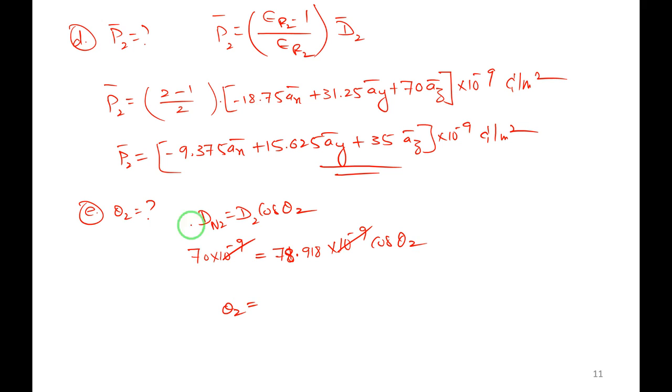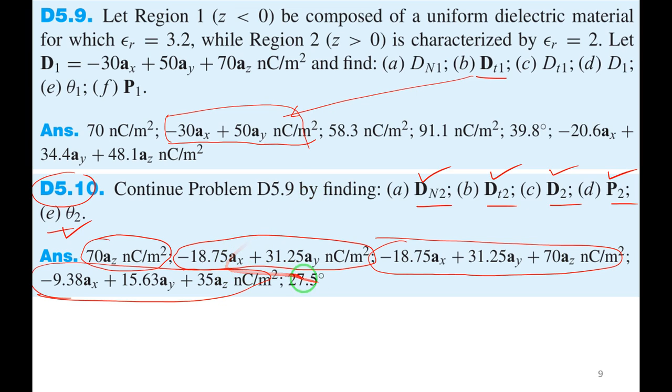I'm getting it as 27.50 degrees, right? Just observe theta 1. Theta 1 is 39, so it is greater. Theta 1 is greater than theta 2 because it has larger permittivity, right?